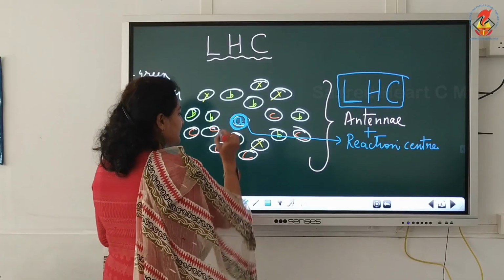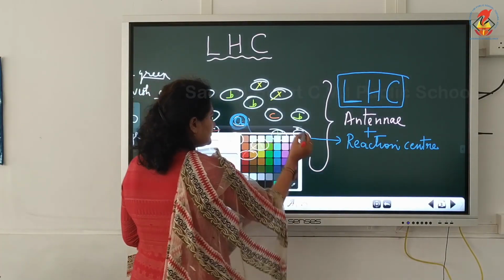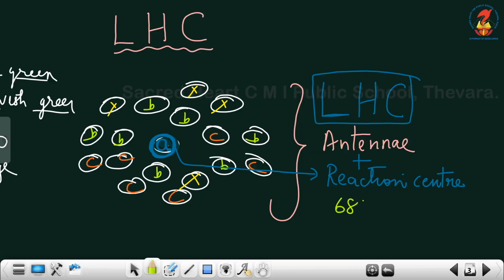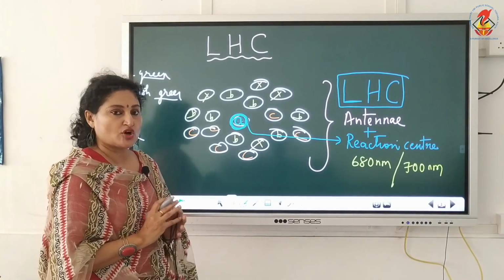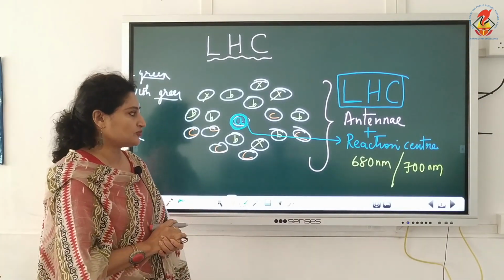Now, the speciality of chlorophyll A is that it absorbs light of 680 nanometers or 700 nanometers of the light spectrum. So, once again, chlorophyll A absorbs light of either 680 nanometers or 700 nanometers.